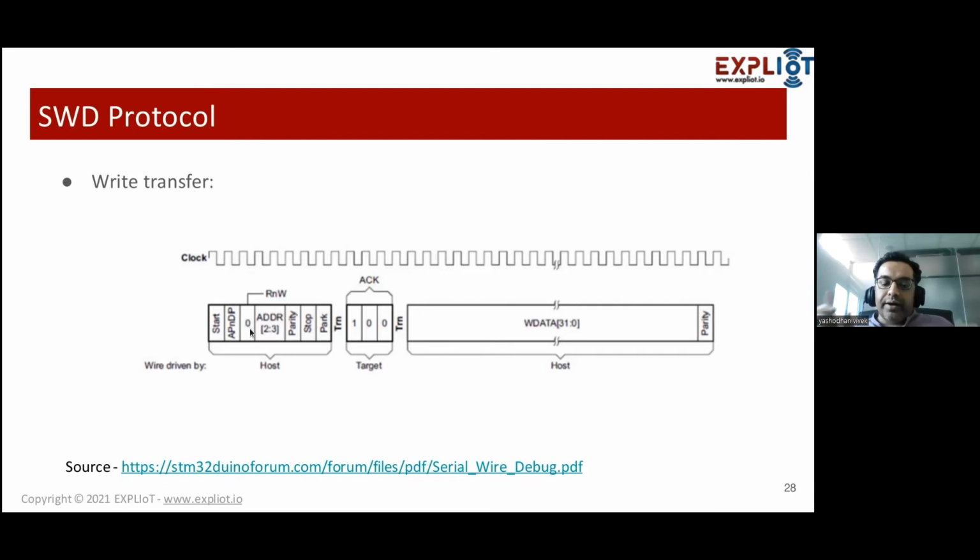Similarly, for read and write, if you are writing, put this bit as 0; writing is 0, reading is 1. And then you have an acknowledgement, right? So 100 is the acknowledgement for the write transfer. And then you have the data, 32 bits of data. So this is how writing happens over SWD.